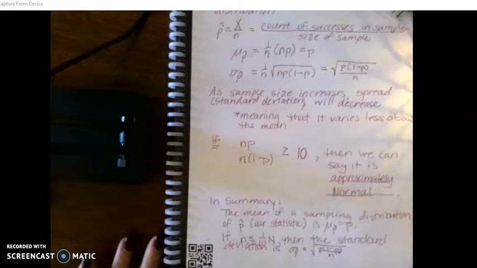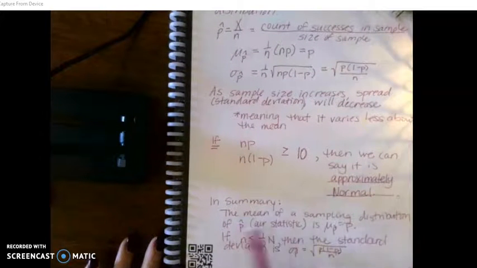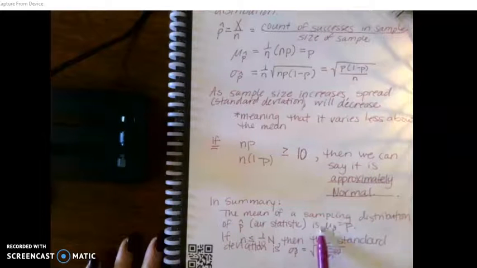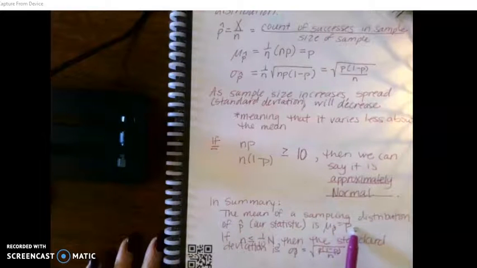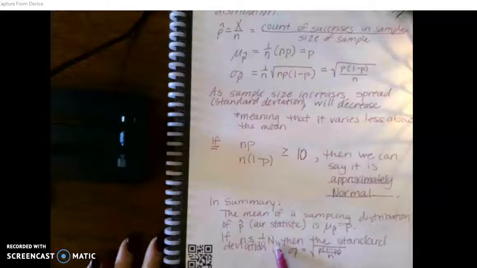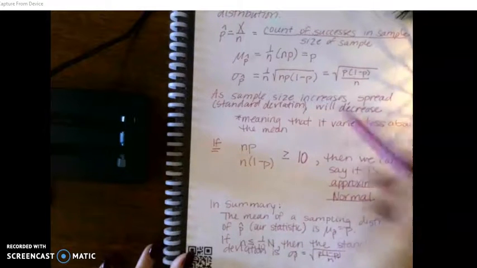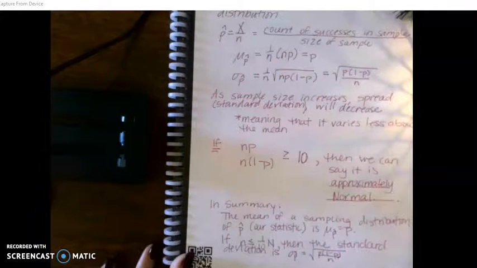So, in summary, the mean of a sampling distribution of p hat, our statistic, is mu sub p hat equals p. And if n is less than or equal to 1/10 N, then the standard deviation is sigma sub p hat equal to the square root of p times 1 minus p over n. You can only use this equation to find the standard deviation if our conditions are met.